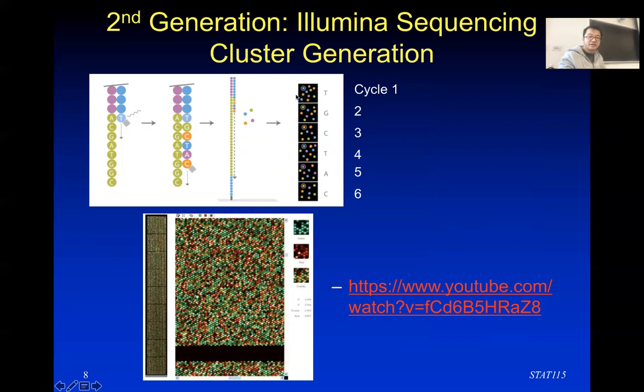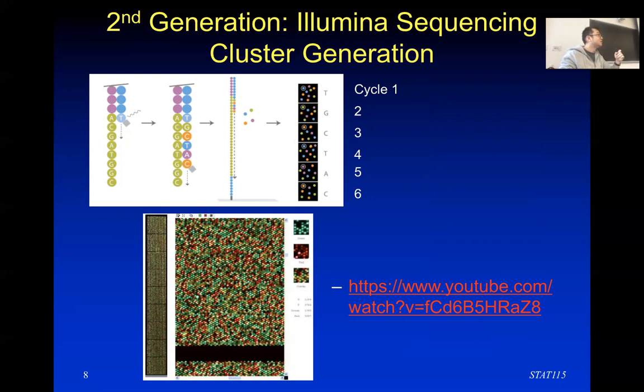In the first cycle, we see a blue color, so we know that base has a nucleotide T. In the second cycle, we see a green color there, which corresponds to a nucleotide G, and so on. So you're getting the order because you're stacking the colors step by step? Yeah, one base pair each cycle.